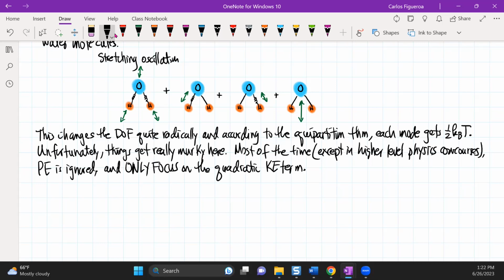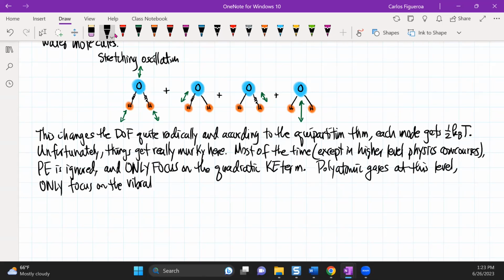So that means polyatomic gases at this level only focus on the vibrating kinetic energy contribution to heat capacity. So here's what they say.